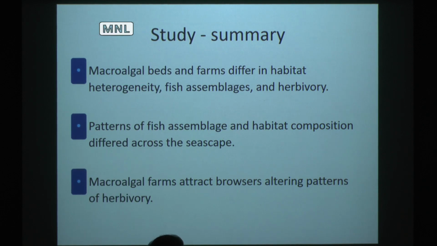And we saw that macroalgal farms attract browsers, altering patterns of herbivory. Some of the implications are that the alteration of seascape, like we mentioned, can affect habitat heterogeneity, food resource availability and quality, which can result in modifications of food web structure, as well as the associated community and the functions that this community performs.